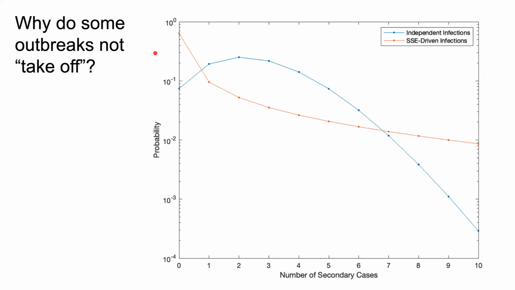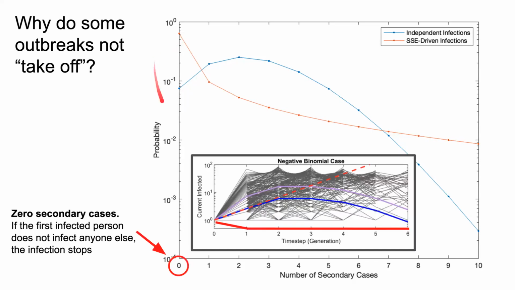So why do some outbreaks not take off? Well, it's because both of these models give some possibility of zero secondary cases. Look over here where we have zero secondary cases. We have a non-zero probability according to both models, which means there is some chance that we start with one infected individual, that person recovers, they don't infect anyone else, and so the infection outbreak is over.